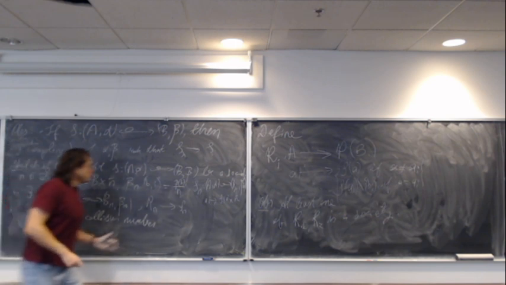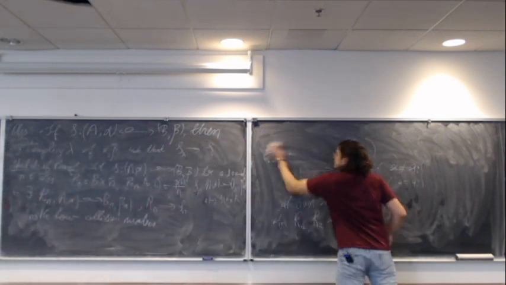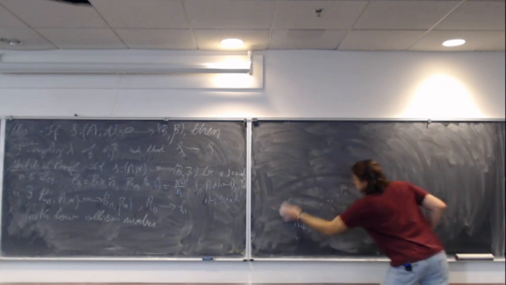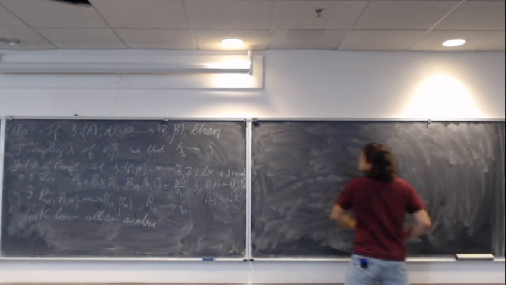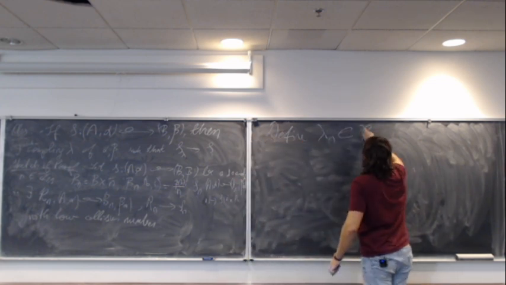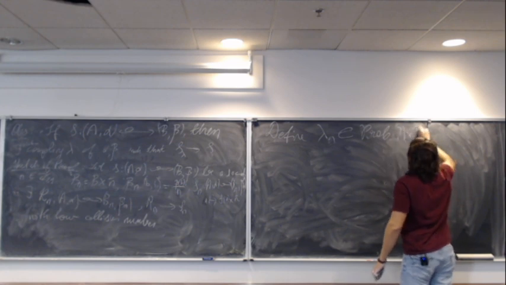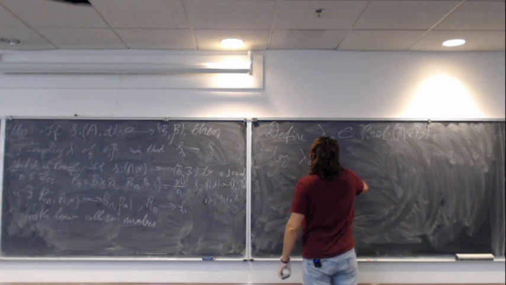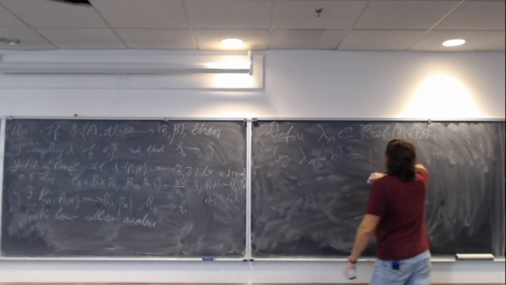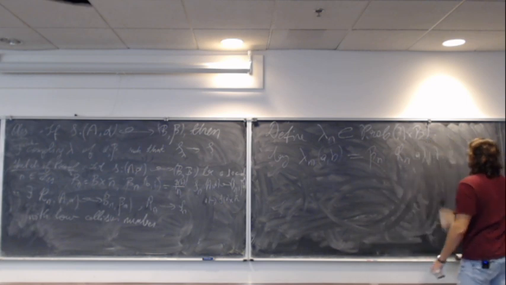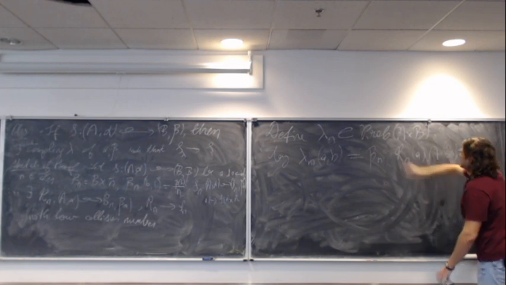Okay, so now define lambda n, a probability in the product by this.